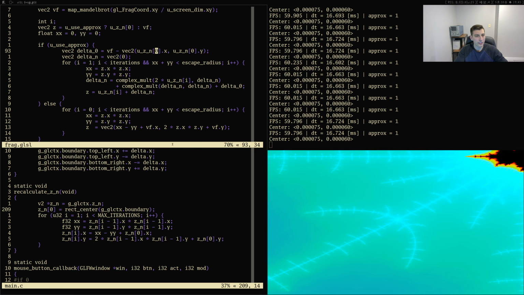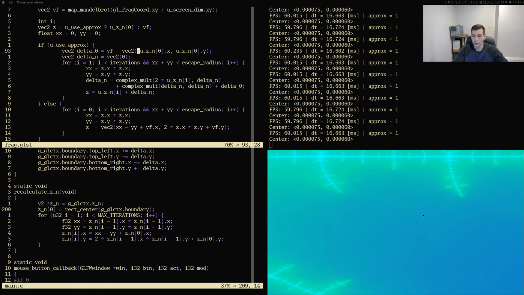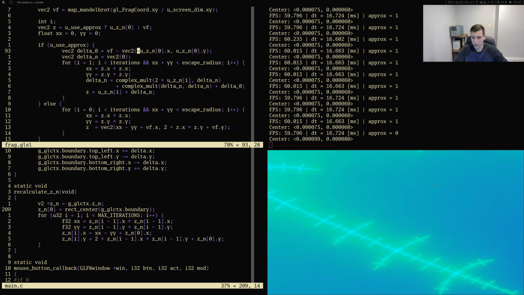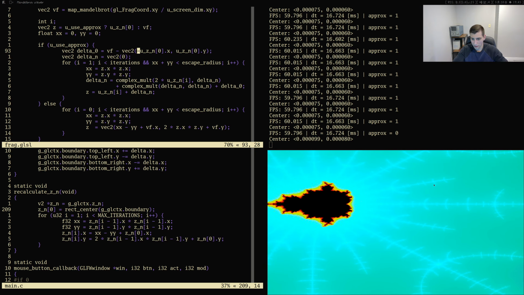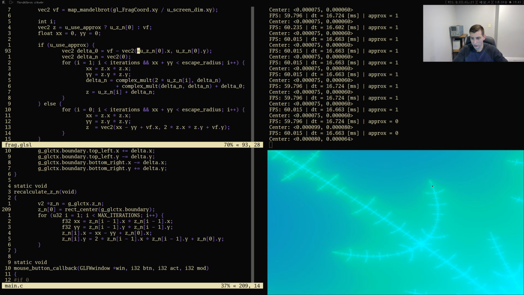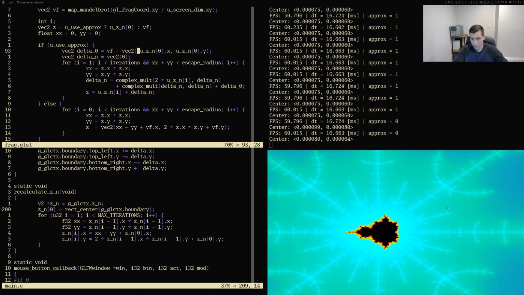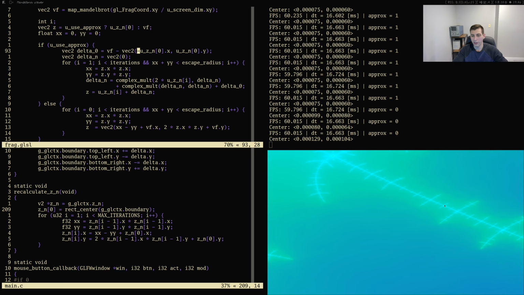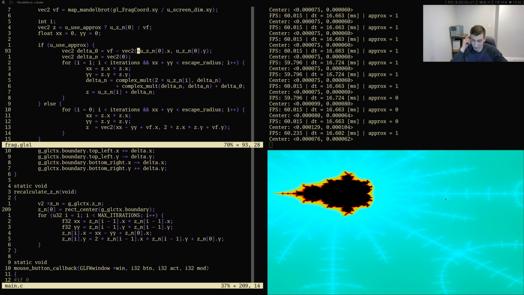So let me try this, flipping the X value. So that is still not quite. Yeah, because now it just looks to me like both of them are flipped. Or like the center's just way off.